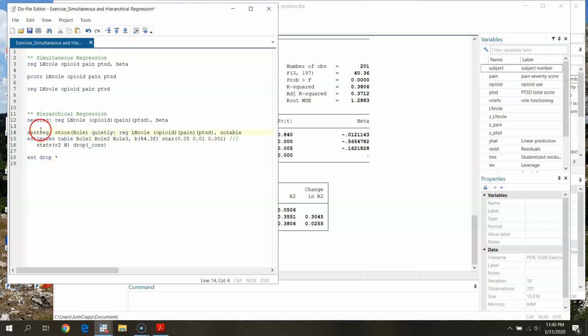So what we're going to do here is, I've got nestreg, right? But then I'm going to say store each, so my hierarchical model, and store each one of those steps under the name role. This is going to store output for step 1, step 2, step 3, and save those in memory as role 1, role 2, role 3.